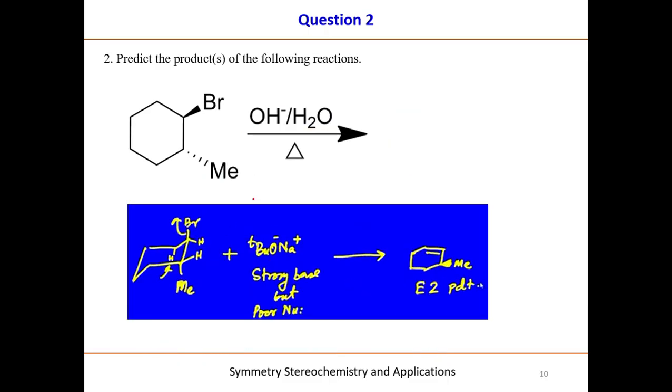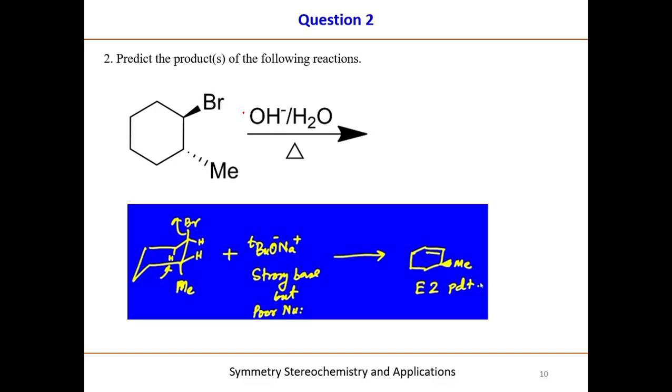So this is the second example. Here we have the trans isomer of the previous example. This is the methyl bromomethyl cyclohexane example. In this case again we have OH minus and H2O as nucleophiles. In the first case we have hydroxide as the nucleophile.